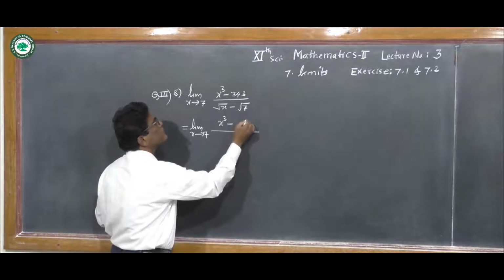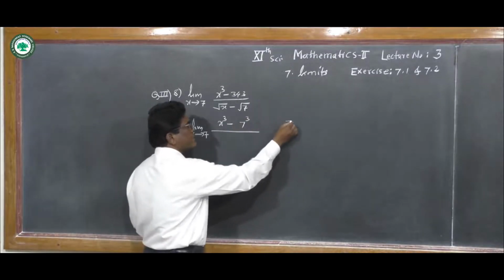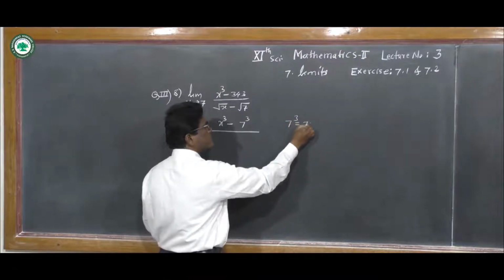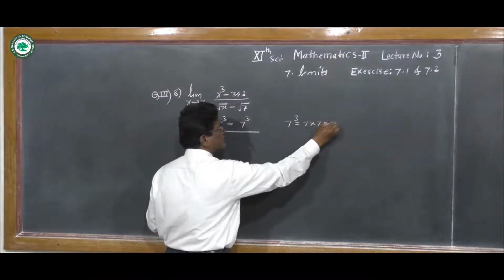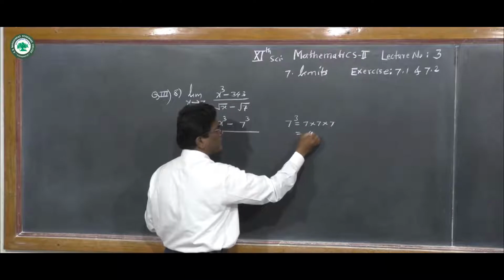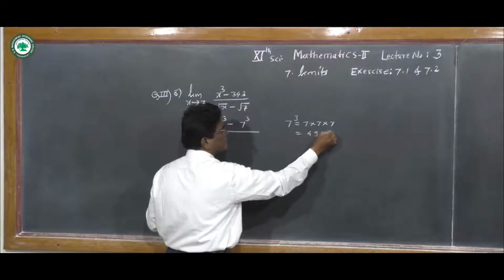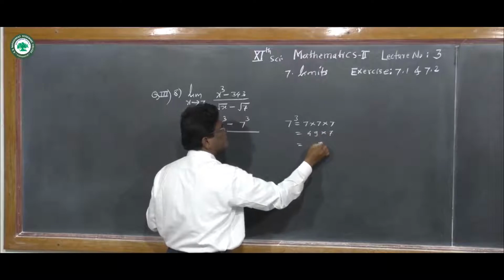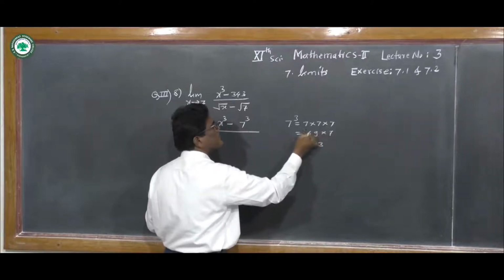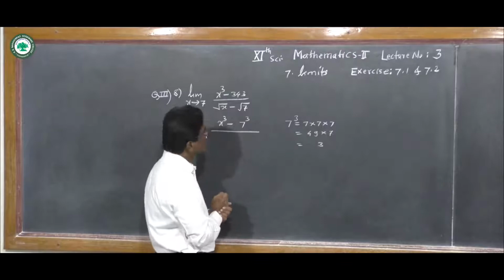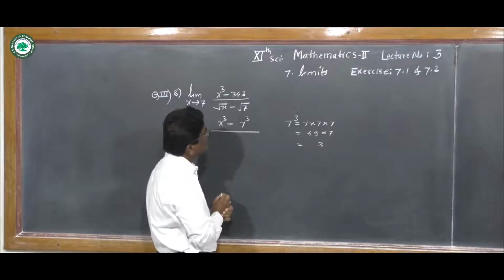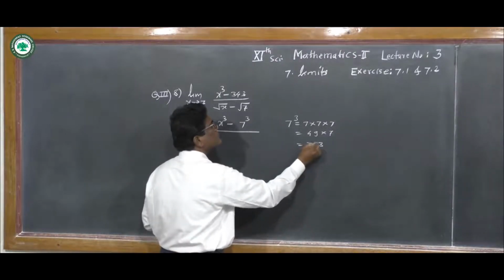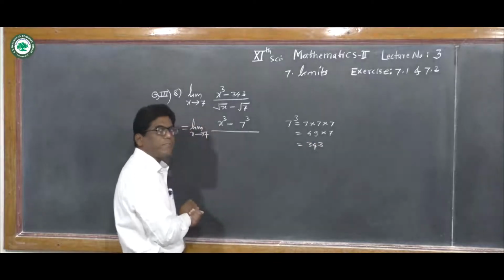So 7 to the power 3 is equal to 7 into 7 into 7. 7 sevens are 49, into 7: 7 nines are 63 and 7 fours are 28, plus 6, that is 34. So this is 343.